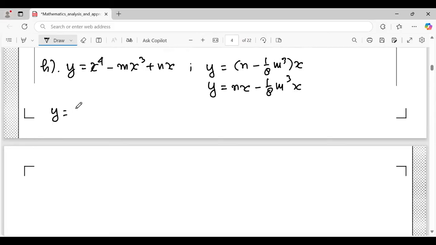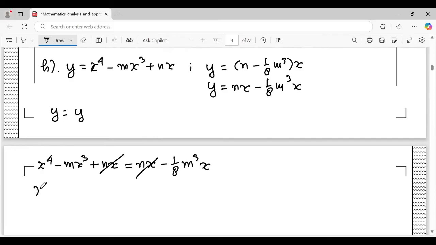Because we are going to determine x, this function is the same as this function. So x power 4 minus mx cubed plus nx equals nx minus 1 over 8 m cubed x, and one solution is x equals 0.